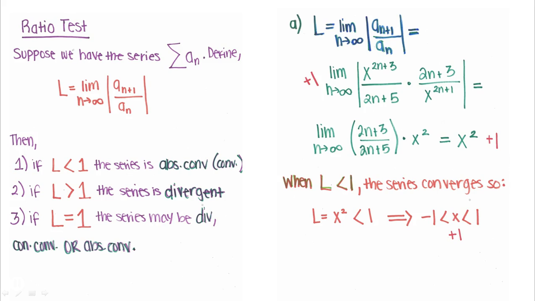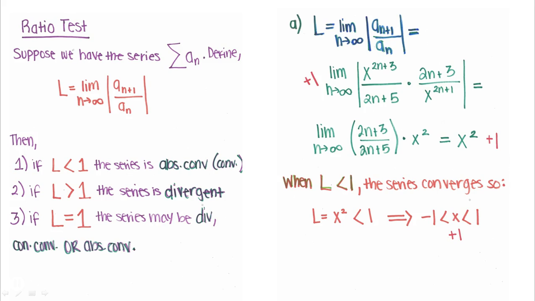The 2n plus 3 and 2n plus 5 don't cancel out or simplify, so we just leave it as 2n plus 3 over 2n plus 5. Since the power of n is the same on both the top and bottom, we just look at the coefficients. It's a 2 and a 2, so that's just going to be 1, and we're just left with an x squared. So already you should have 2 points by correctly applying the ratio test and then getting the correct answer, x squared.